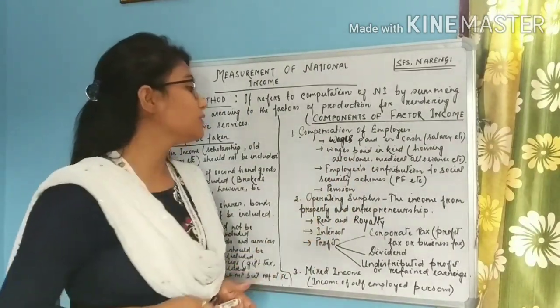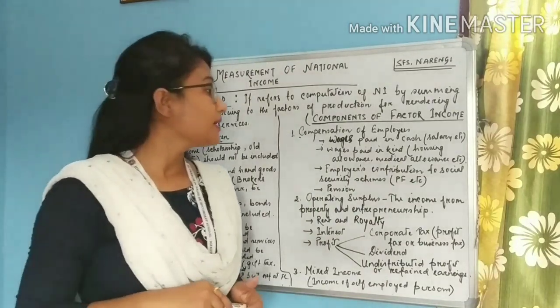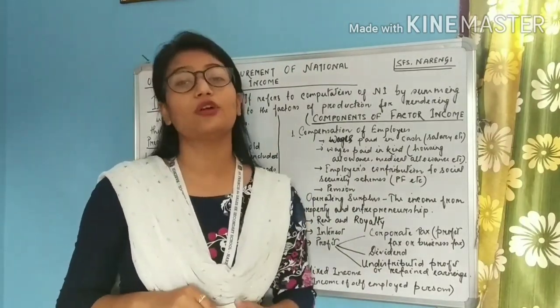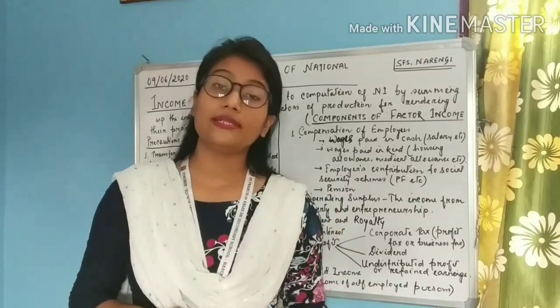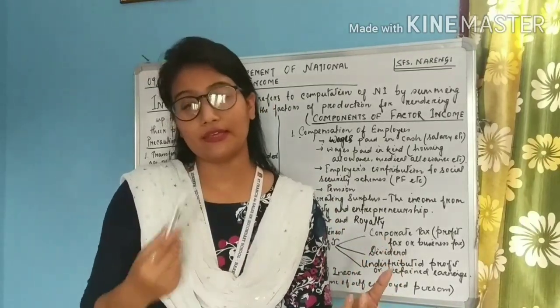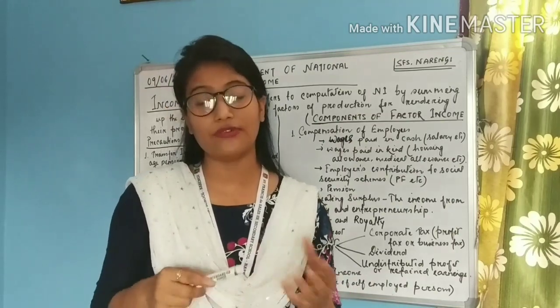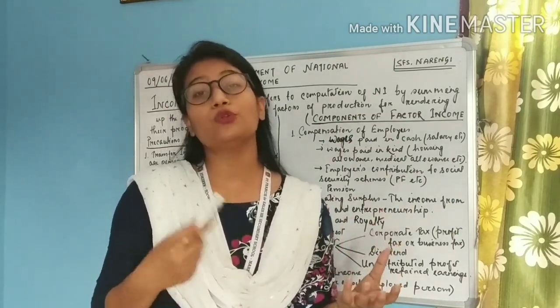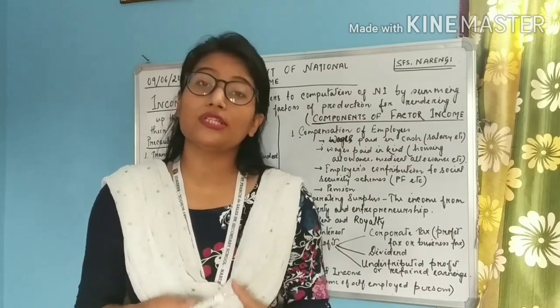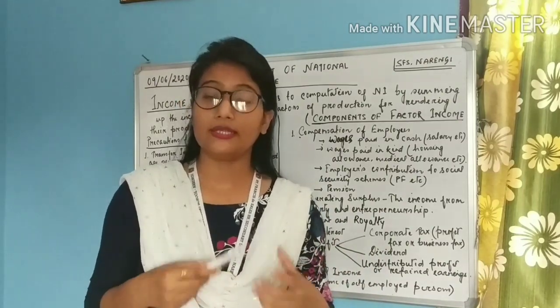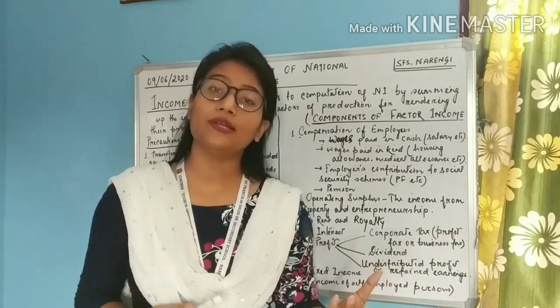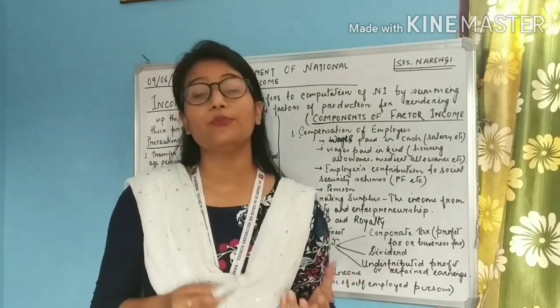The third one, students, is the employer's contribution to the social security schemes. Students, apart from the salary or the wage given, or apart from the benefits or the facilities, the employees are also given some kind of social security by their company that is hiring them, from the employer's side, right? For example, PF, Provident Fund.